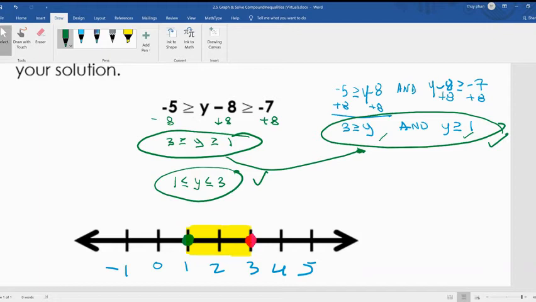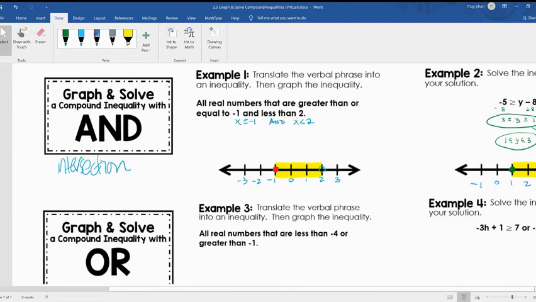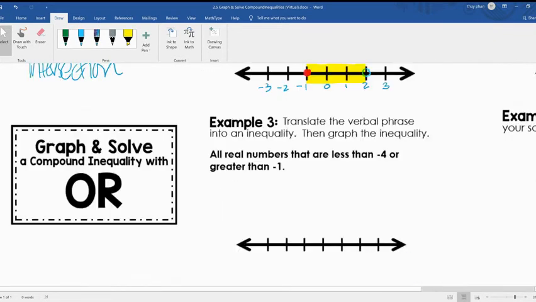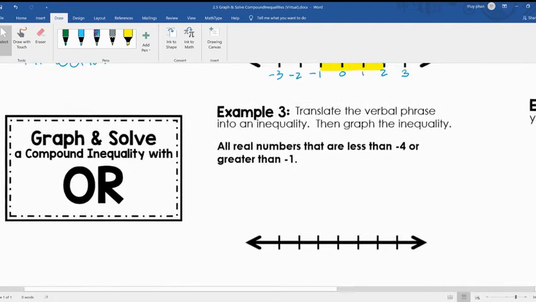Let's take a look at the ors. When we looked at ands, they were considered intersections.